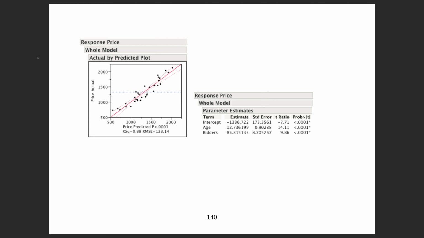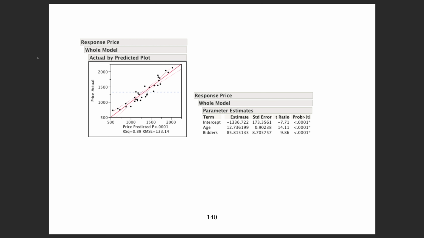So let's have a look at the right-hand side, the statistical analysis. This shows us that the coefficient of age, in years, is about 12.7. The standard error for that is about 0.9, so the T ratio is about 14. And for bidders, the coefficient is 85.8 with a standard error of 8.7, so the T ratio is nearly 10.